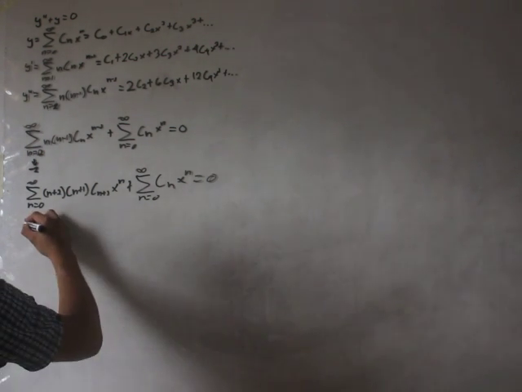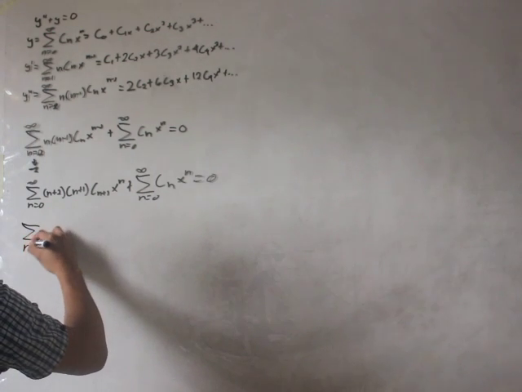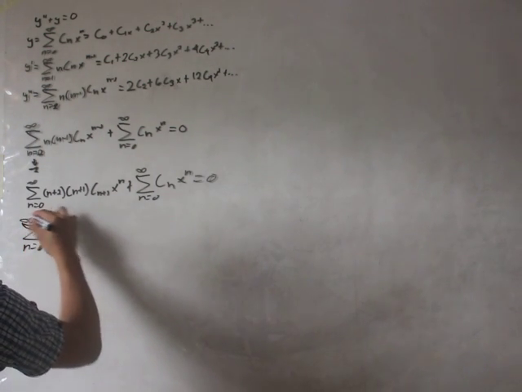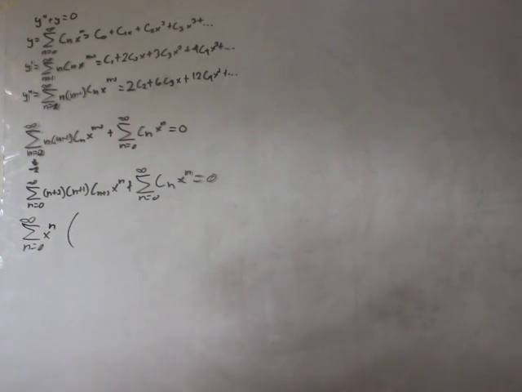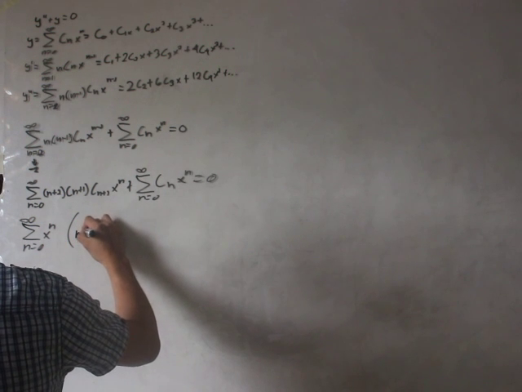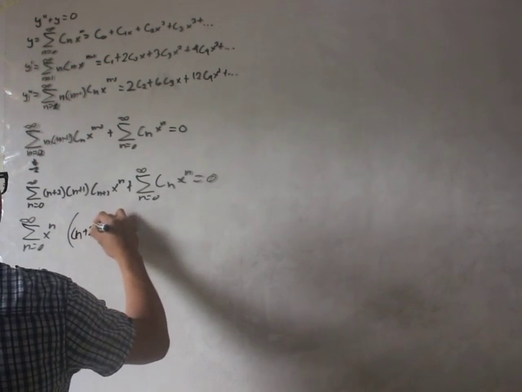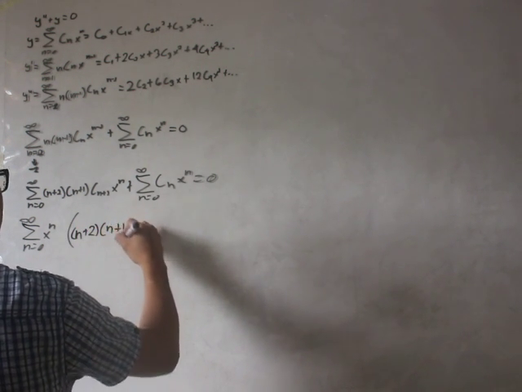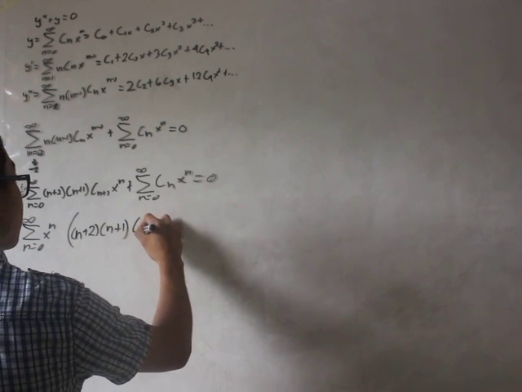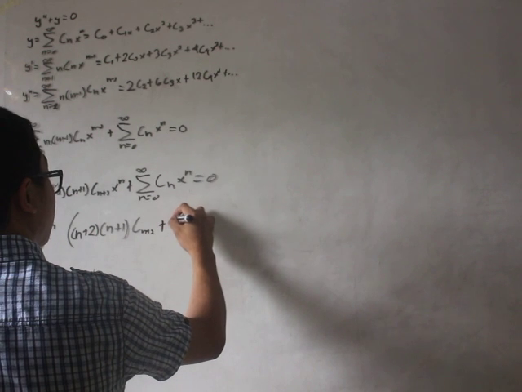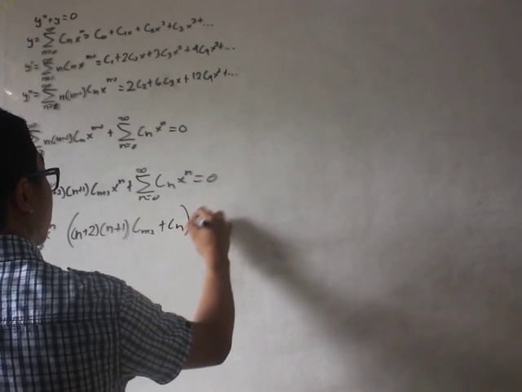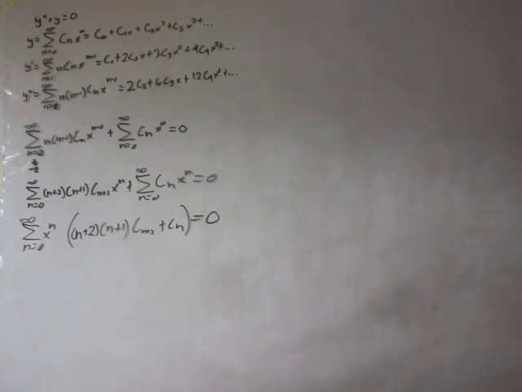So we have x^n times, and what's left of the equation is (n plus 2)(n plus 1) c_(n+2) plus c_n equals 0.